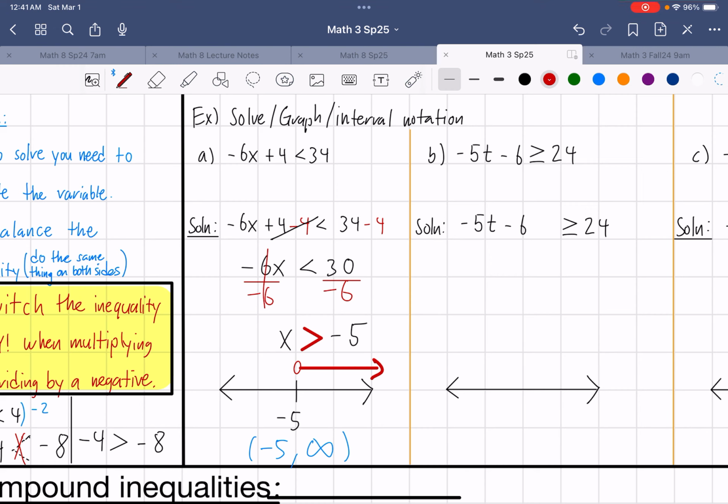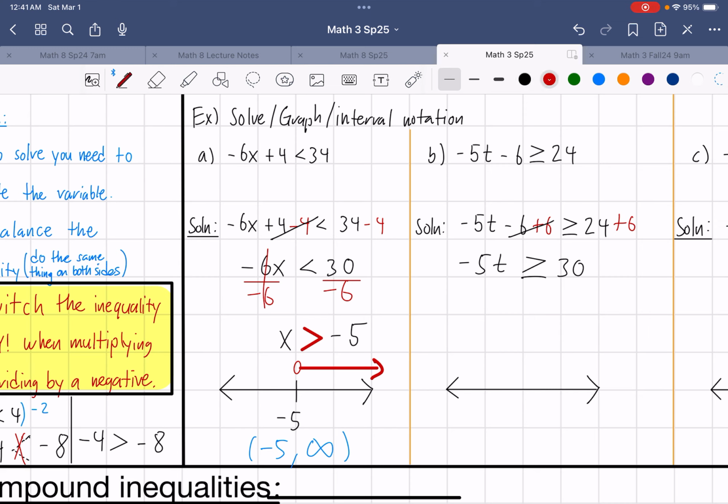Here, once again, I'm adding 6 because it's negative. That's going to leave me with negative 5t. The x's cancel. Negative 5t is larger than or equal to 30.